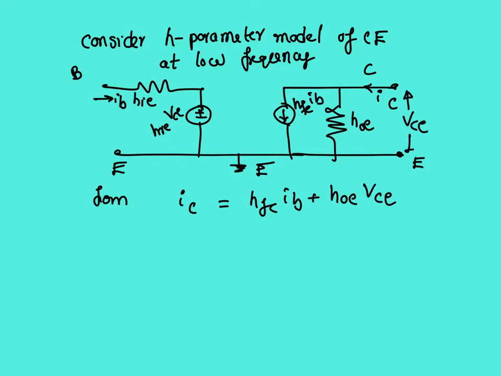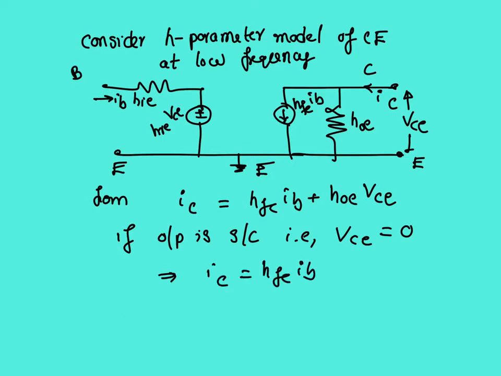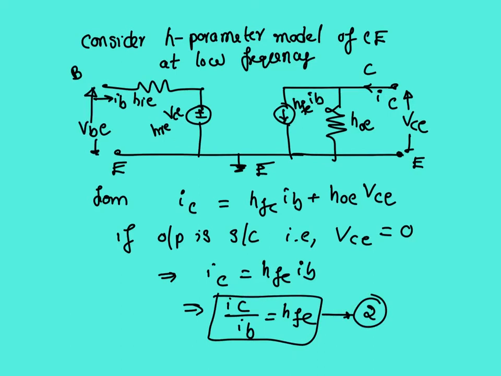If the output is short circuited, that is VCE equals 0, then IC can be written as HFE into IB. From this relation IC by IB is equal to HFE. Consider this as equation 2.